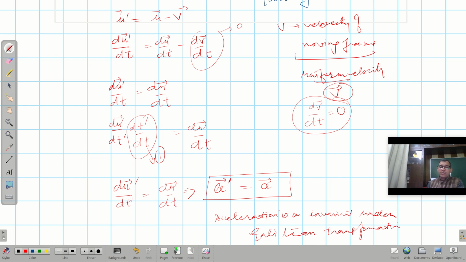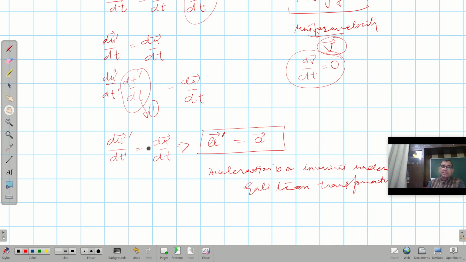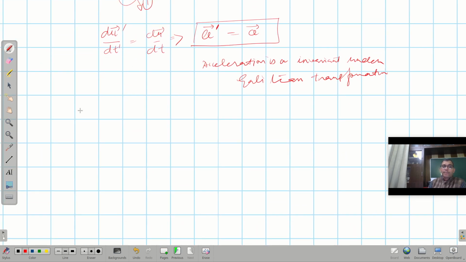And let us do one more thing now, which is again very interesting. Let us now switch to Newton's laws. As we know, Newton's second law of motion is the real law of motion. If it is the real law of motion, what does that mean?